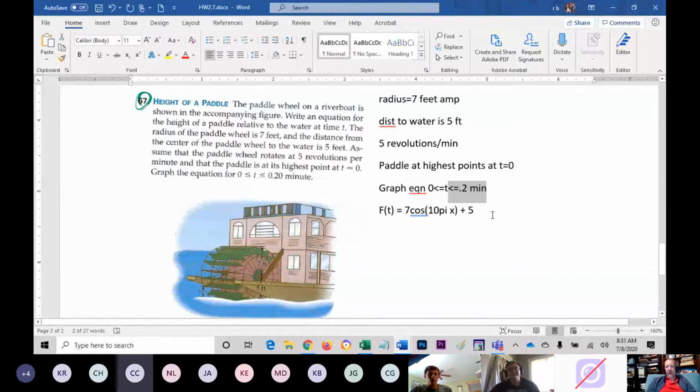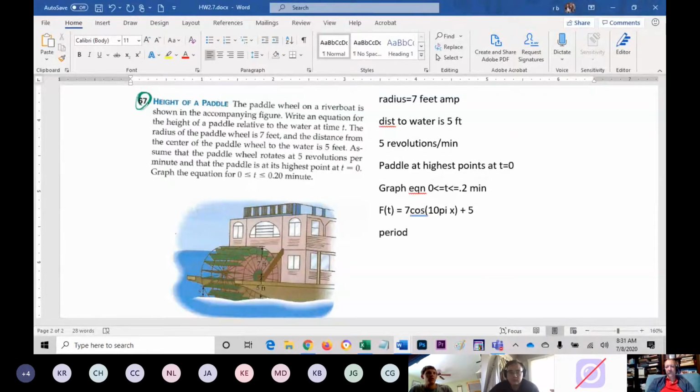Okay. So we're doing 1 revolution, so let's talk about the period. What's the equation for the period normally? 2 pi over b. 2 pi divided by the absolute value of b, technically. So why would we put a 10 pi in there? Because 2 pi divided by 10 pi is 0.2 for the period.